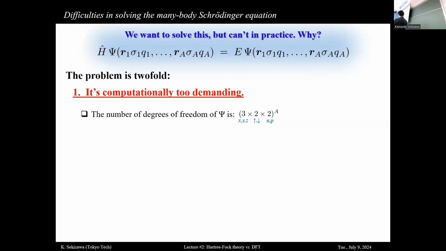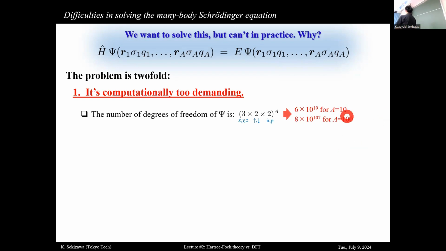So the number of degrees of freedom of psi will be 3 times 2 for spin and 2 for isospin, to the power of the number of nucleons. So it will be tremendously large. For instance, for A equal 10, a 10 nucleon system, you can readily get 1 billion.